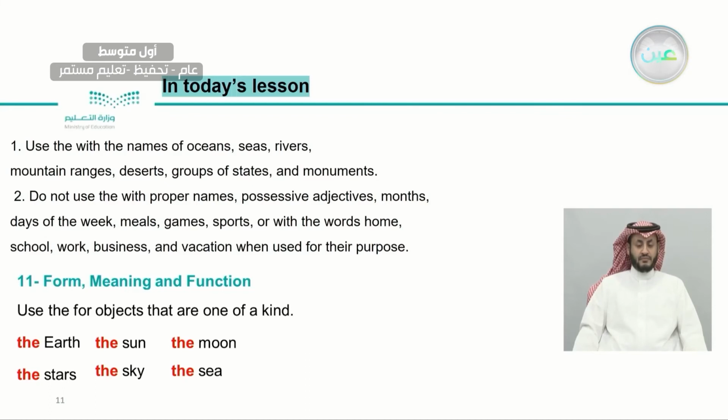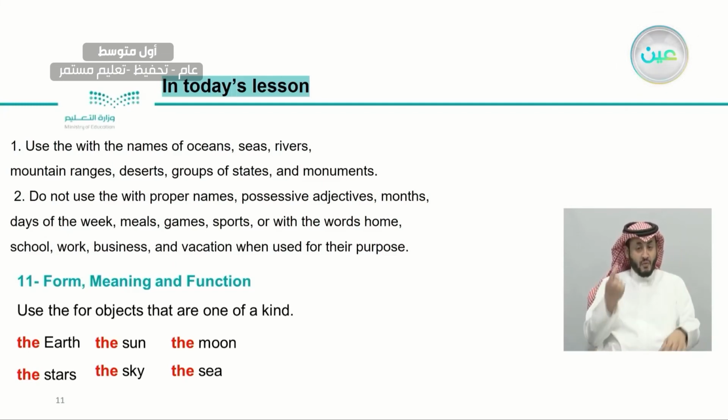Don't use the with proper names, possessive adjectives, months, days of the week, meals, games, sports, or with the words home, school, work, business, and vacation when used for their purpose. Also, we learned that we use the for objects that are one of a kind, like the earth, the sun, the moon, the stars, the sky, and the sea.